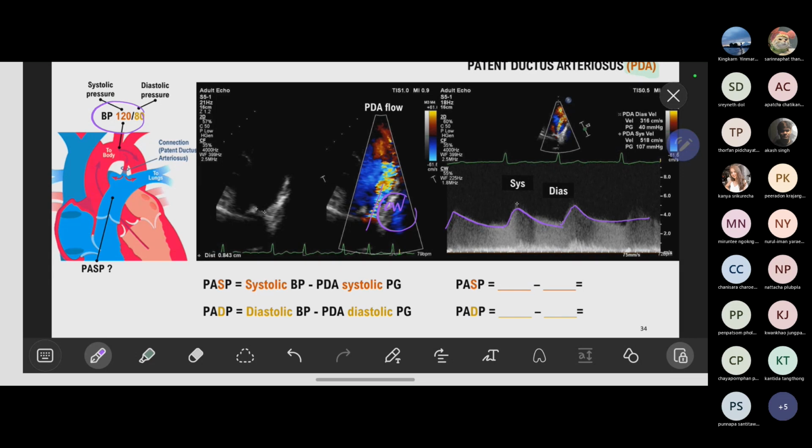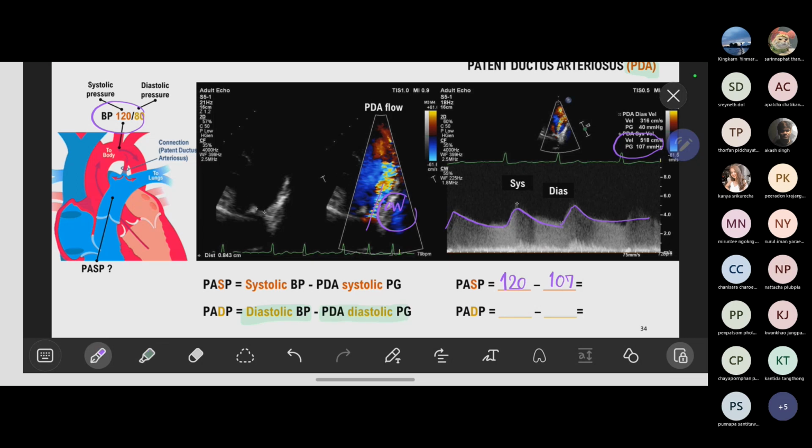So PASP is 120 minus the PDA systolic velocity, which is 107, right? PADP is equal to diastolic blood pressure minus the PDA diastolic pressure gradient.